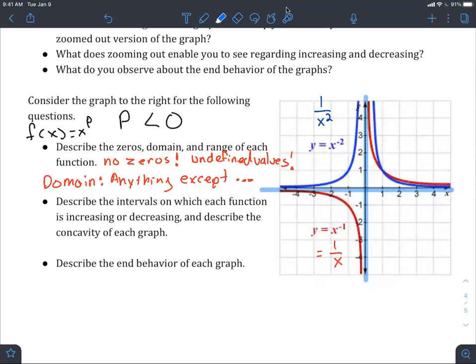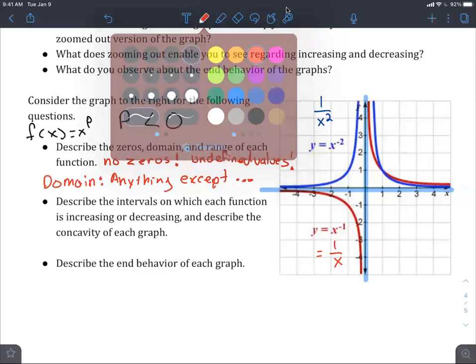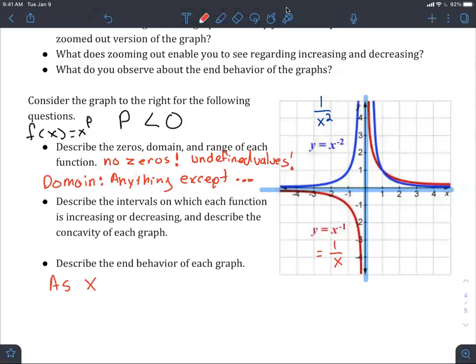But we also have the type of end behavior known as approaching 0. It's getting smaller and smaller, but it's never going to equal 0. So as x approaches infinity, our y values approach 0, and this is true in both directions.